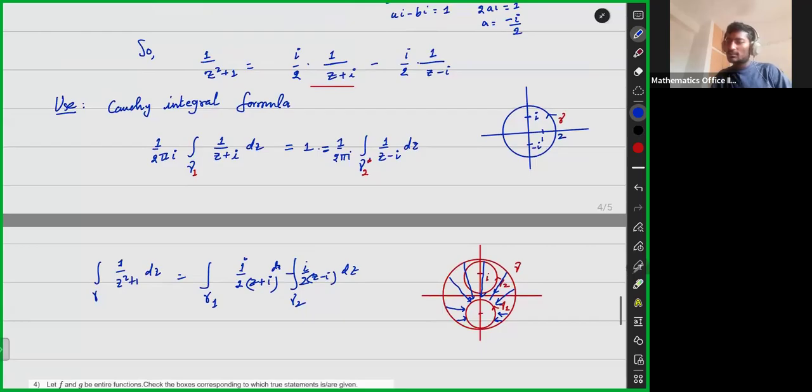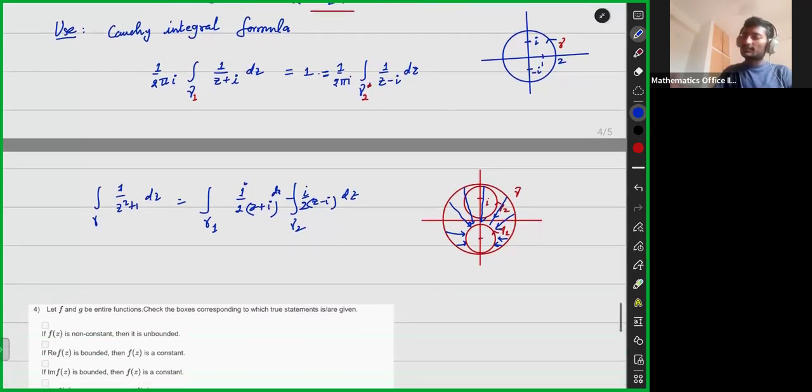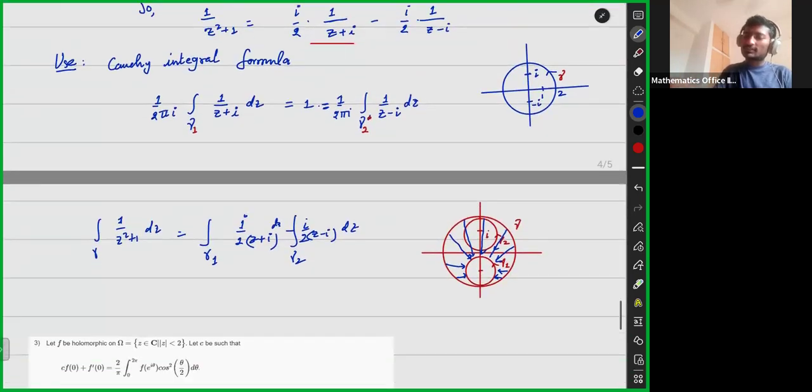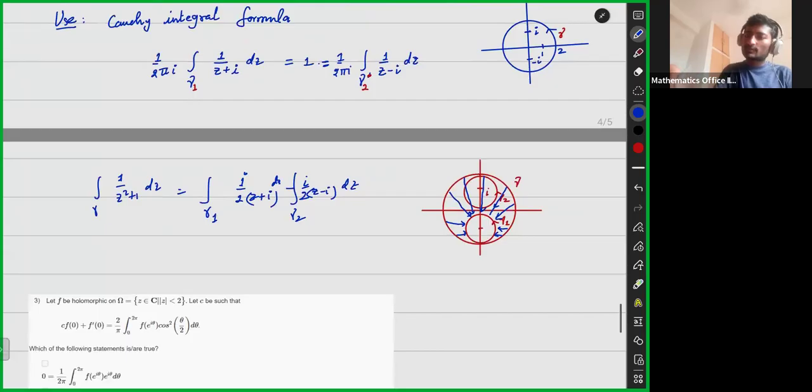Fine. Now we are almost done. So these integrals are what? Put the values from here, because the integral values you already calculated.